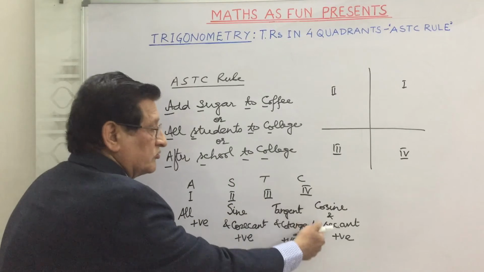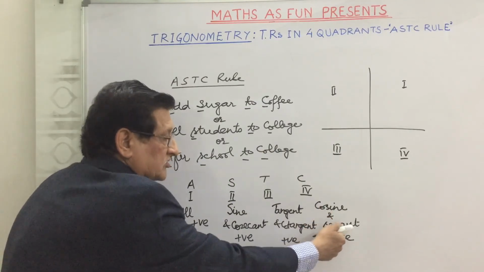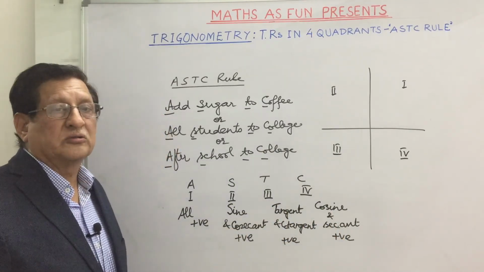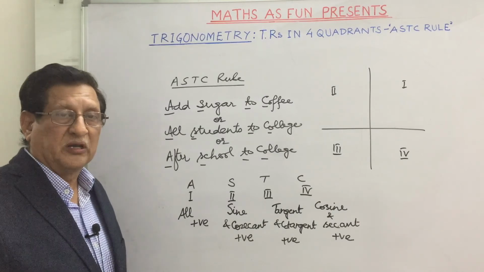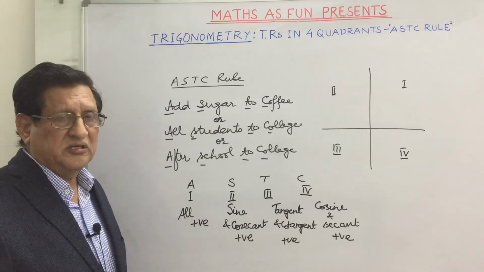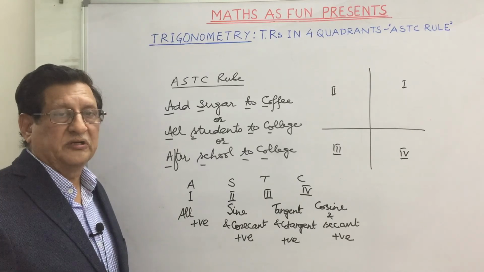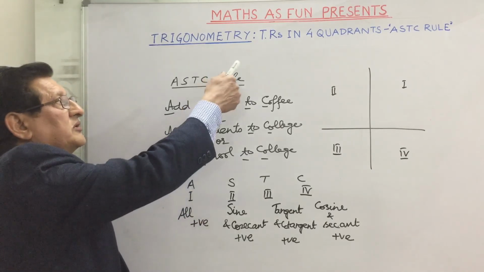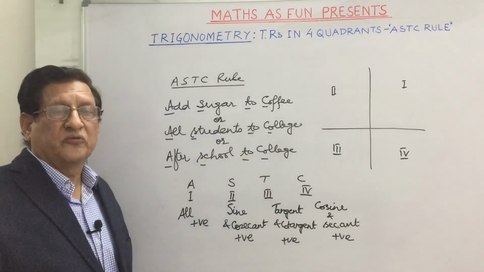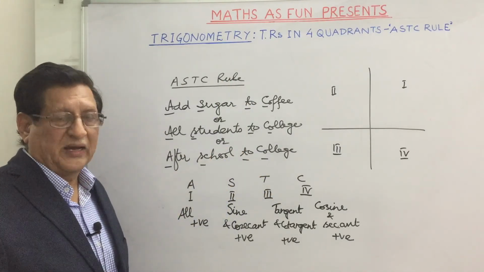And in the fourth quadrant, cosine and secant are positive, and the rest of the trigonometric ratios will be negative. This is the easiest way to remember that, and we will be discussing trigonometric ratios in all these four quadrants for different angles in the next videos.